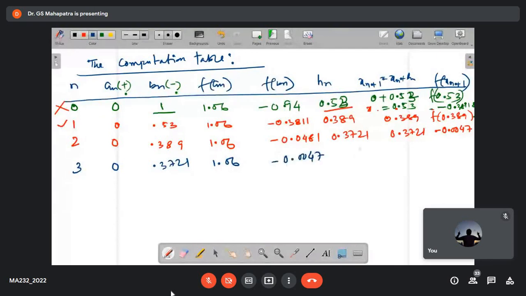Now hn. 0.2754. So 0 plus again that one same. Okay, now so it will be 0.2754. So the answer is ultimately, now here it is negative or positive again.